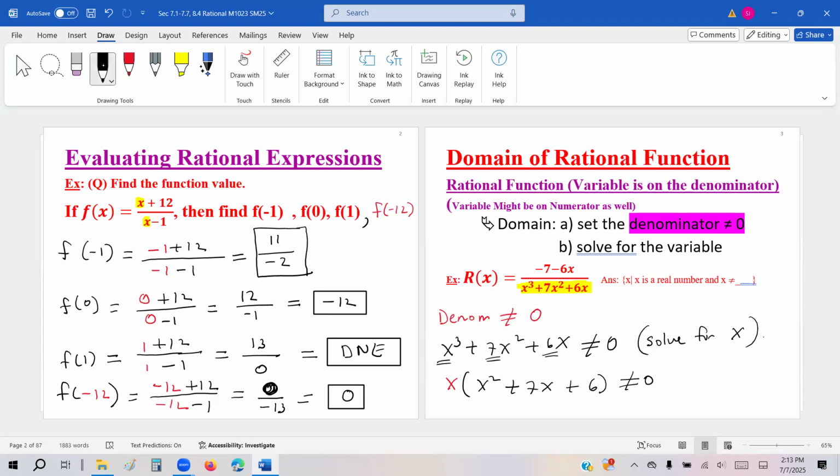And now, can you factor this? Can you think of 2 numbers multiplied to 6 combined to 7? 6 and 1, definitely. How about their signs? 6 definitely has to have which sign? Positive, because the middle sign is positive here. So the bigger factor always has the middle sign. And now from 6, if you want to get 7, are you going to add 1 or subtract 1?